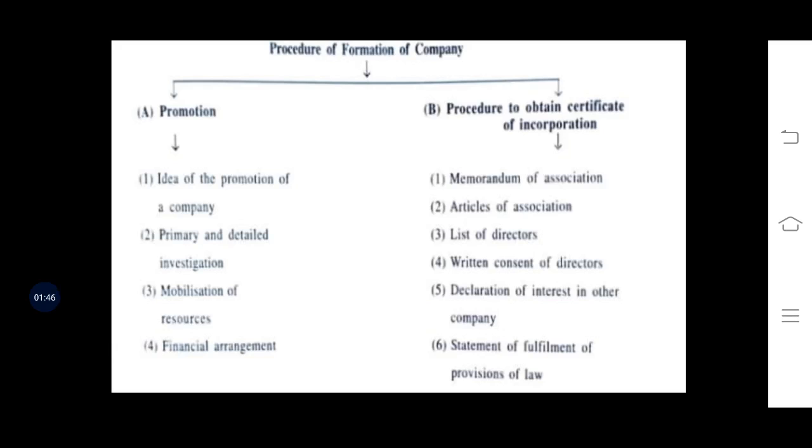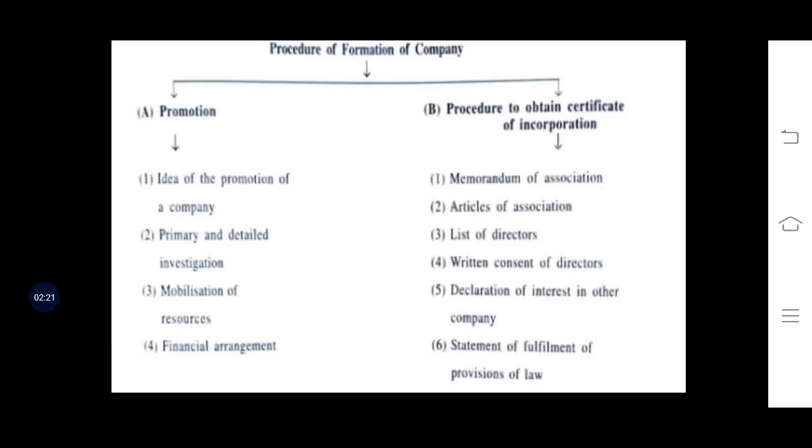When this whole investigation and analysis is done, all the documents are made and filed to the ROC, that is the Registrar of Company. The second procedure is the procedure to obtain the certificate of incorporation. First, Memorandum of Association.